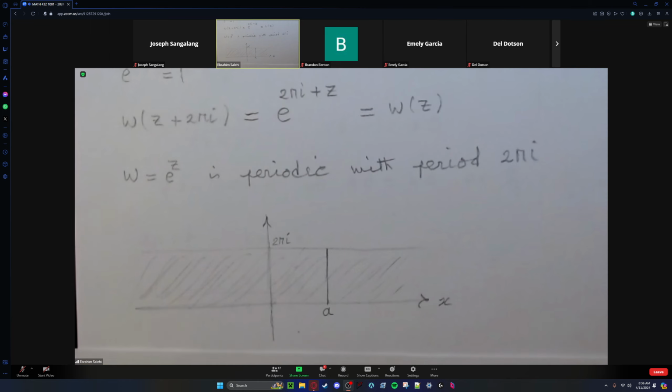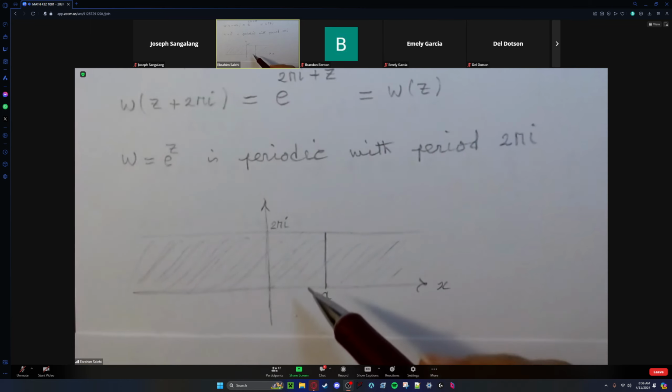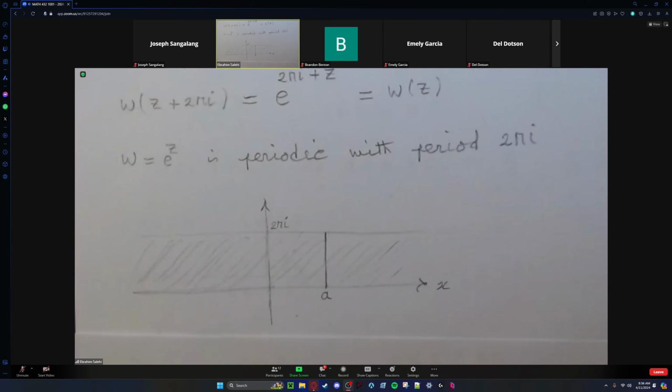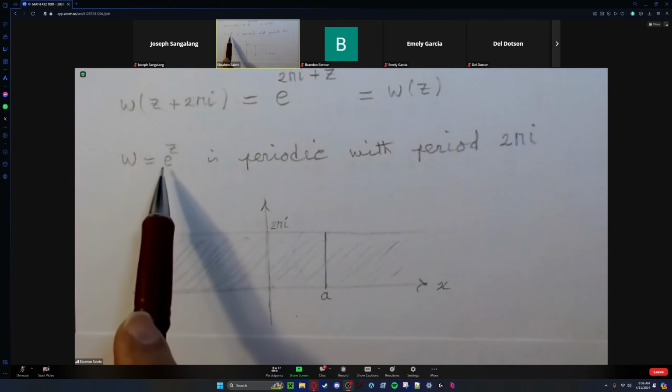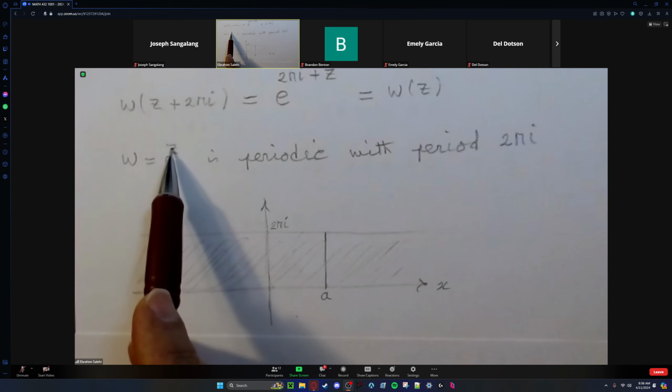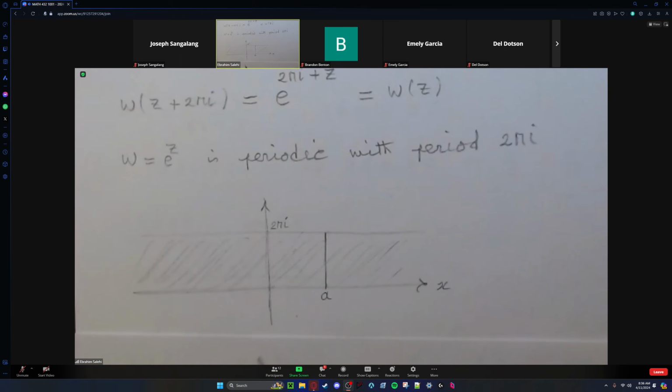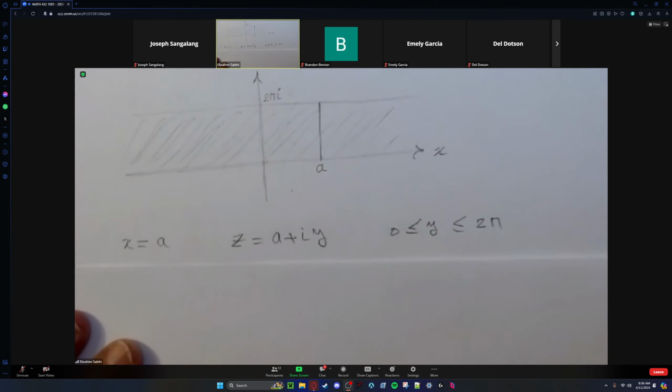What happens to x equal a? Well, in here, z is a, and then the imaginary part, y, goes from 0 to 2 pi. So this is what happens when x is a.